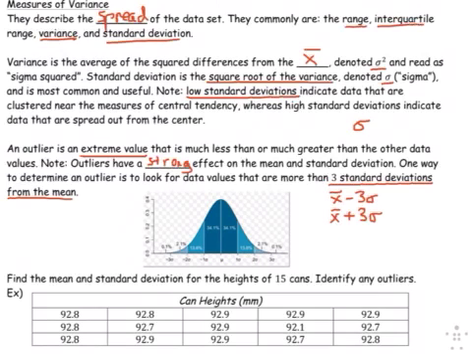And then if we are all the way 3 to the right, or 3 to the left, anything outside of those bounds, so greater than x bar plus 3 sigma, and all the way over here, less than x bar minus 3 sigma, you're looking at an outlier.